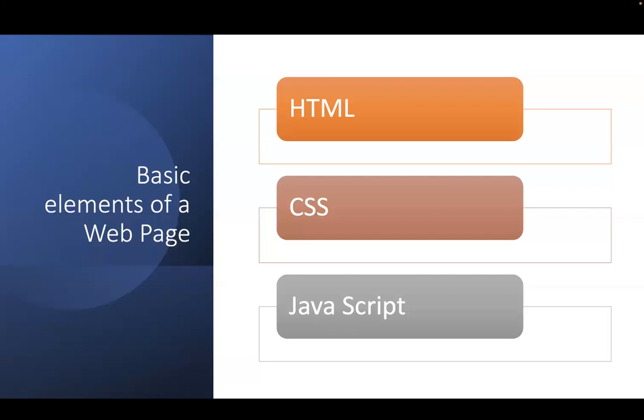So today we will be just looking at the basics of the web page, and we'll try and create one page and see various things about the page. A web page contains at the bare minimum HTML.